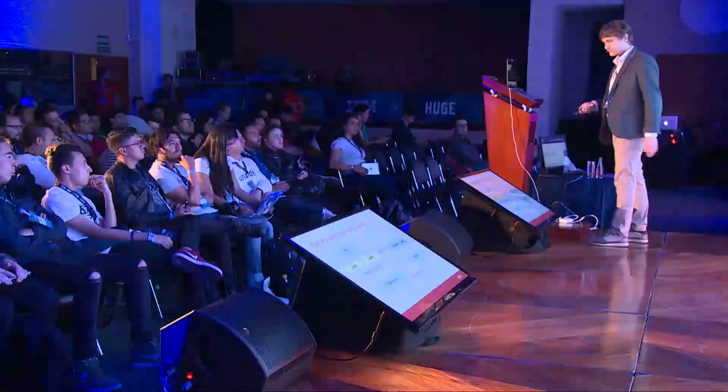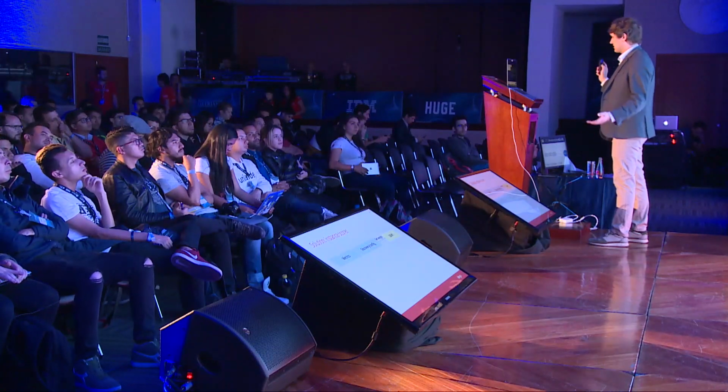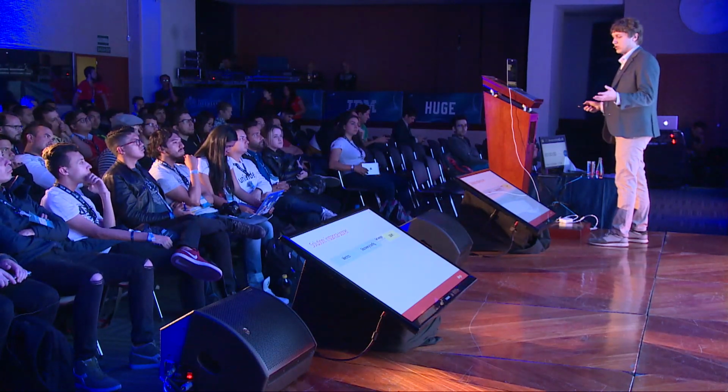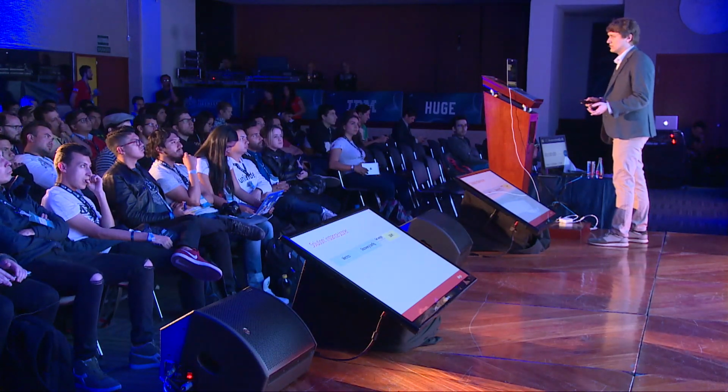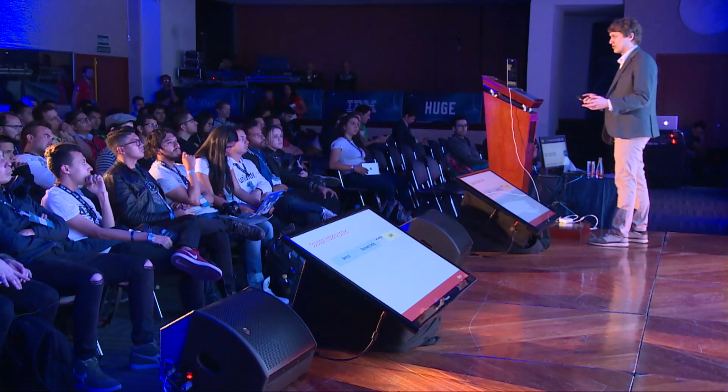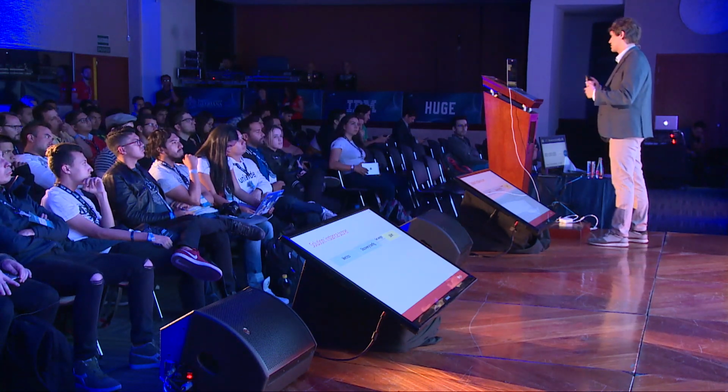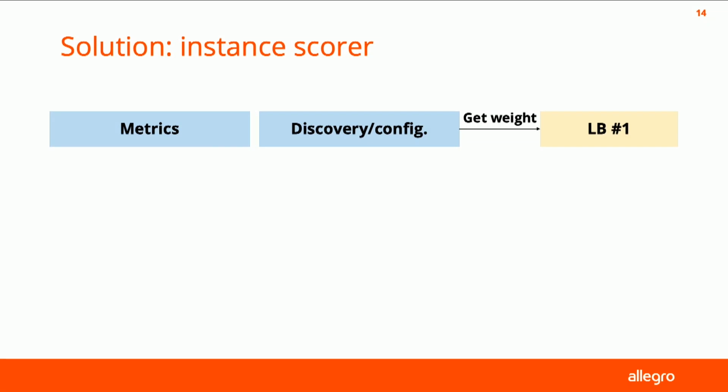So basically, our solution is the following. We call it instance score, by the way. And in this presentation, I'm going to use the words score and weight interchangeably. So we switched all our load balancers to this round robin with weights strategy.